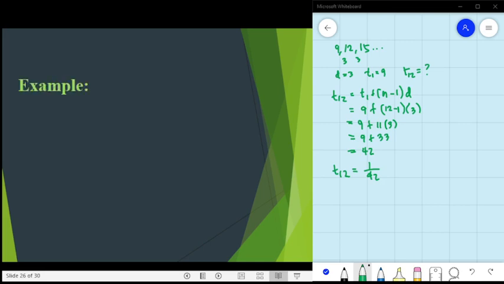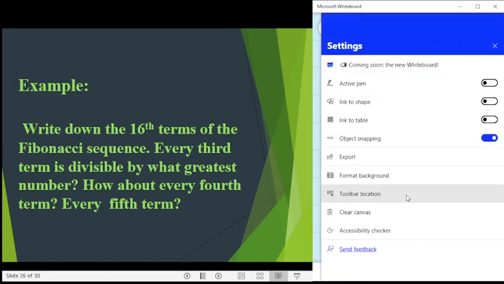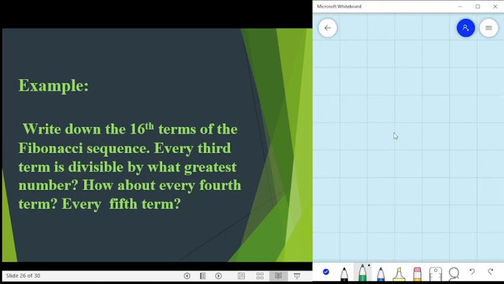For example, we are going to write down the first 16 terms of the Fibonacci sequence. So the first one is 1, followed by 1.